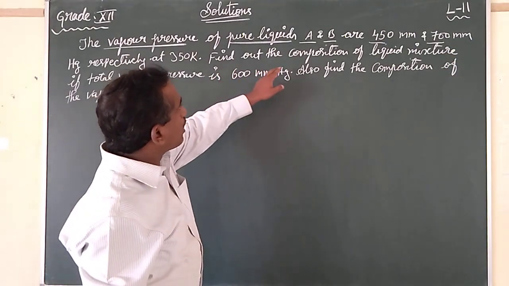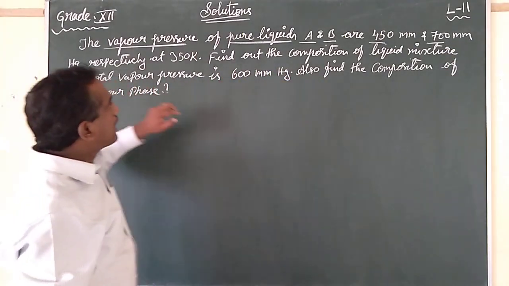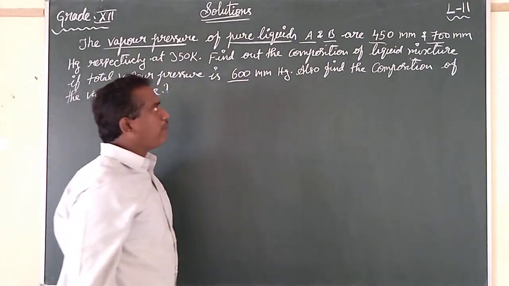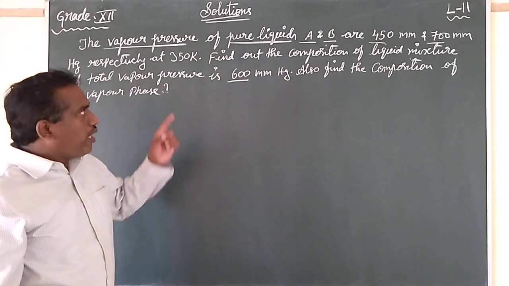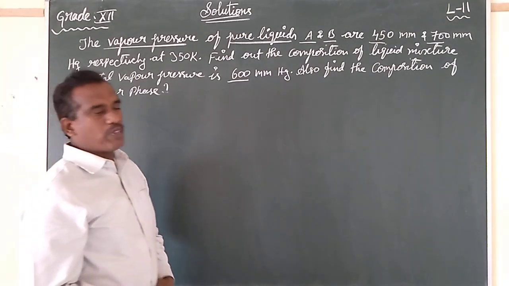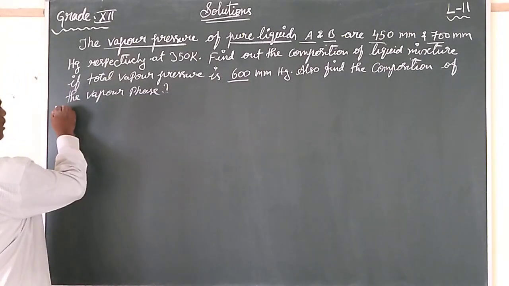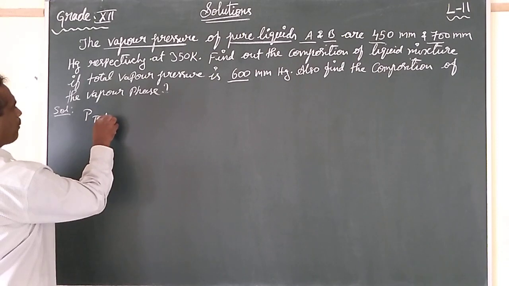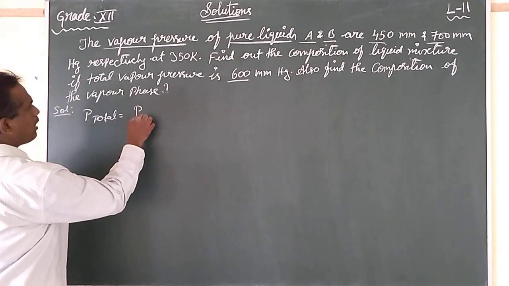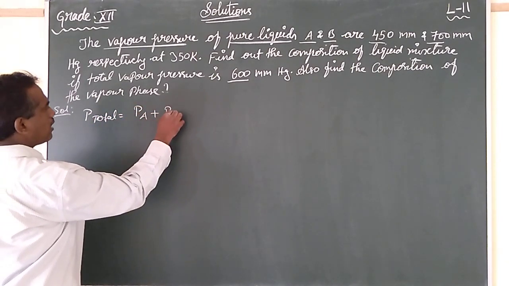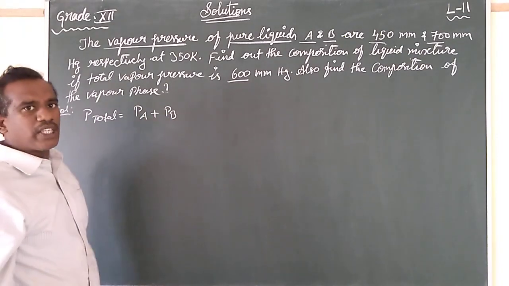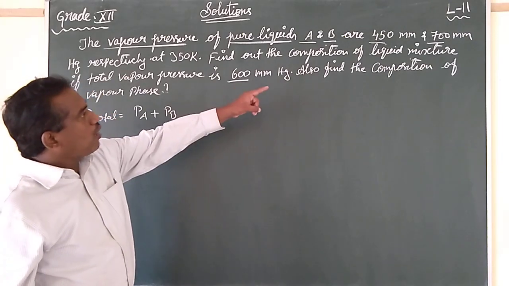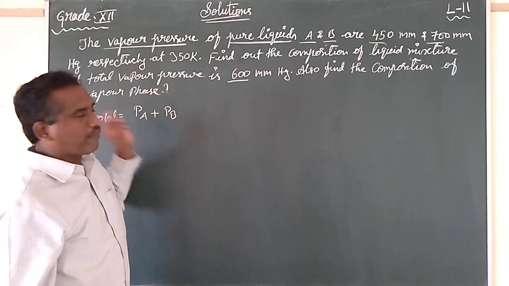Find the composition of the liquid mixture if the total vapor pressure is 600 millimeters. Whenever we get the total vapor pressure, we know one formula, through Raoult's law only. P total, the total vapor pressure, is equal to the sum of the partial vapor pressures of the liquid components. Also find the composition in the vapor phase.